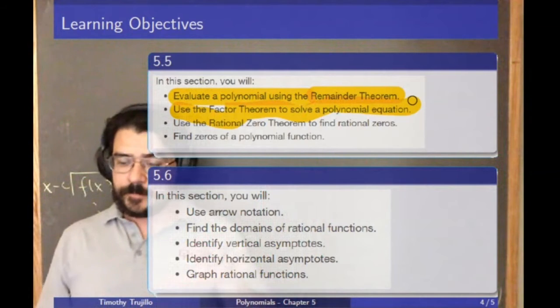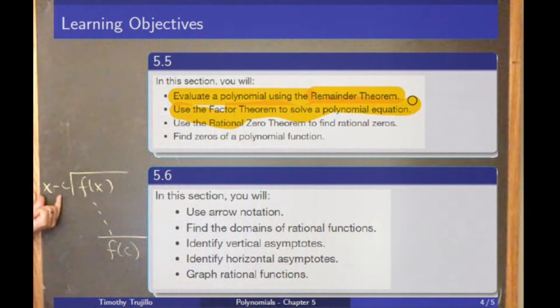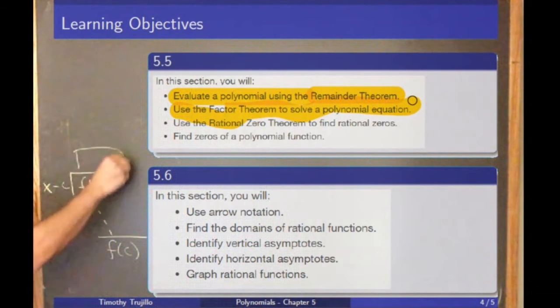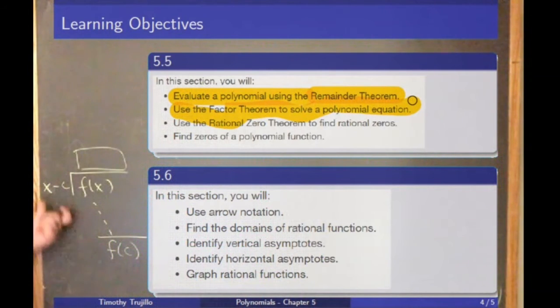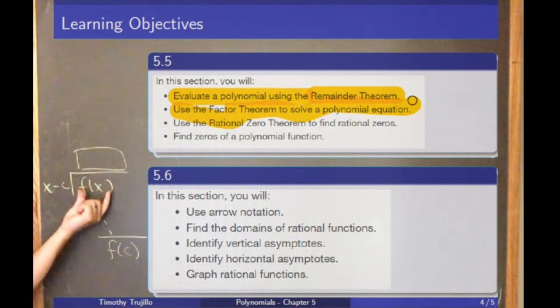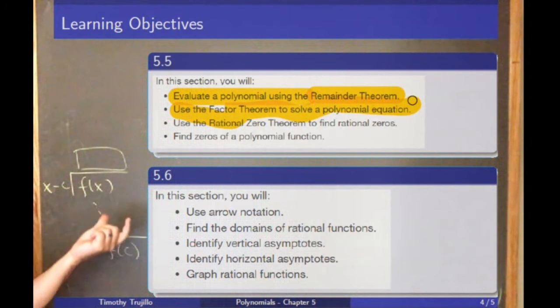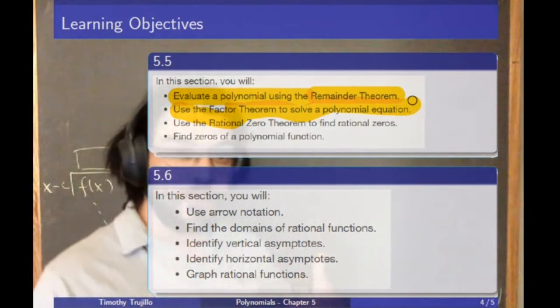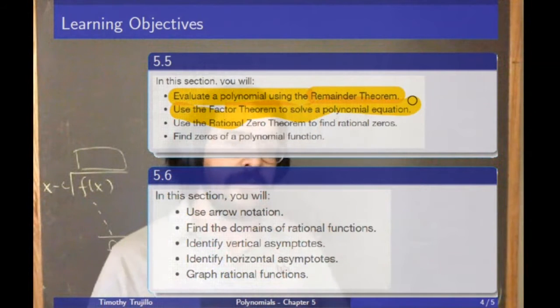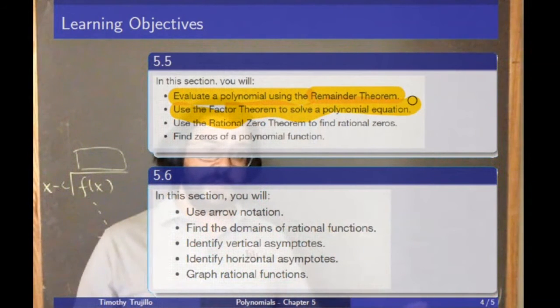We plug it in, and then we realize, okay, then x minus 1, or x minus whatever the 0 was, is going to be a factor, so we could go through long division, get the quotient that comes up here, and multiply x minus c times that quotient to get back our f of x.